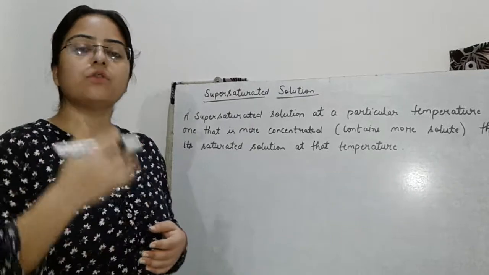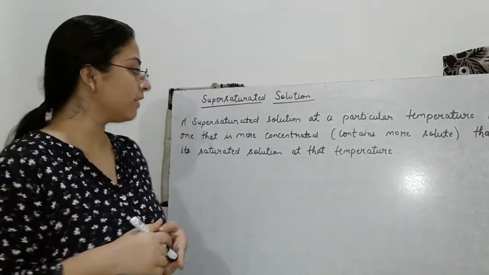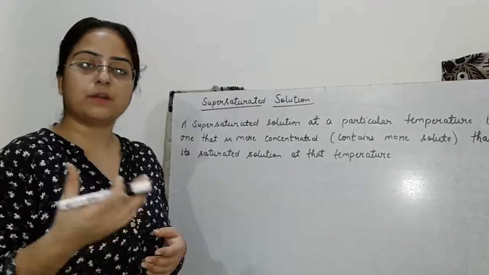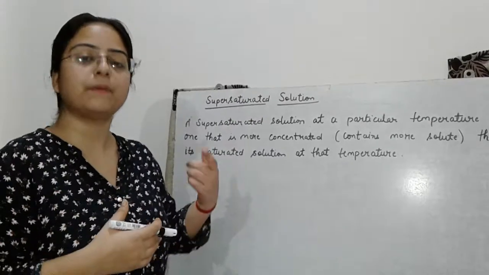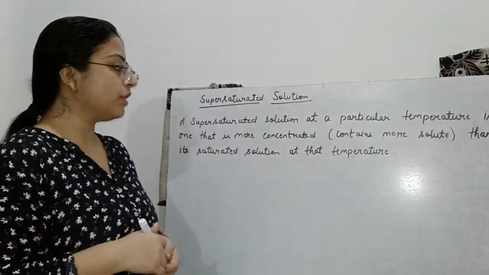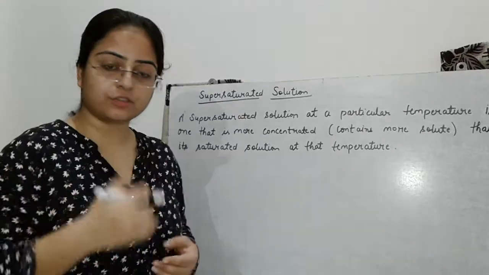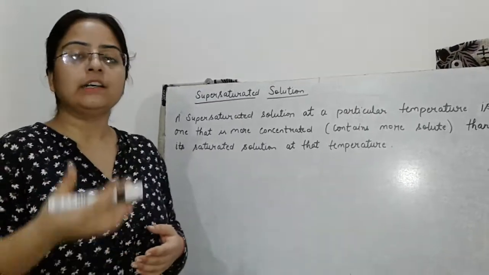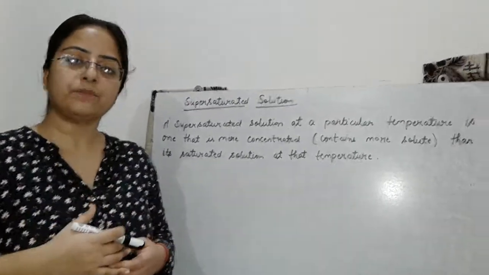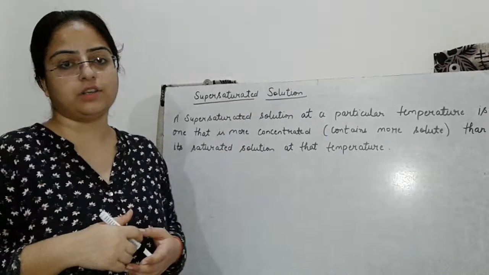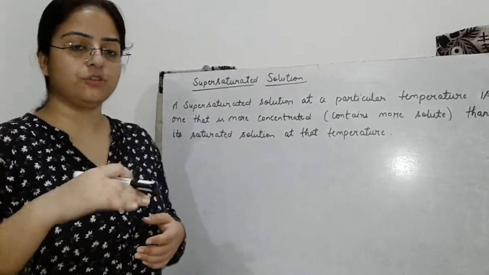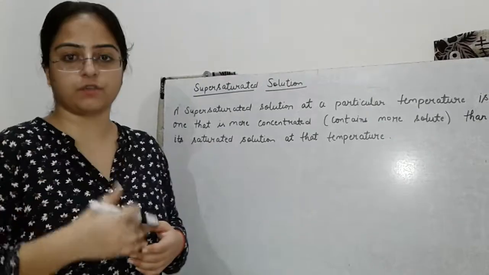So now more and more solute can be dissolved in the given solvent at a particular temperature, that is in a particular solution. So now we will heat that saturated solution, and on heating more solute will be dissolved in the solution. Heat करने पे saturated solution में और ज़्यादा solute dissolve हो गया.